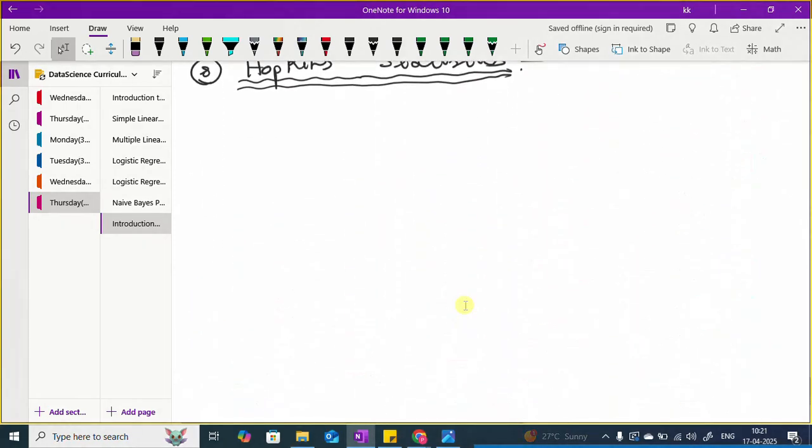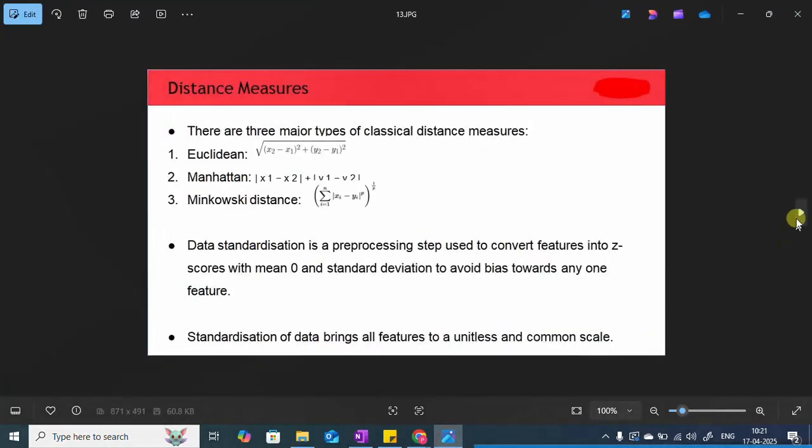Guys, what is Hopkins statistics and why do we use this Hopkins statistics?